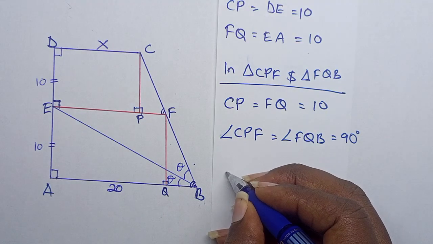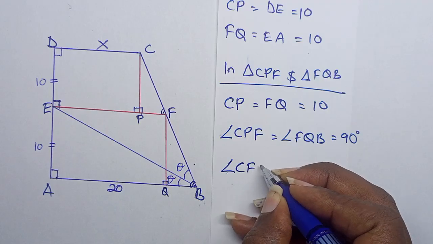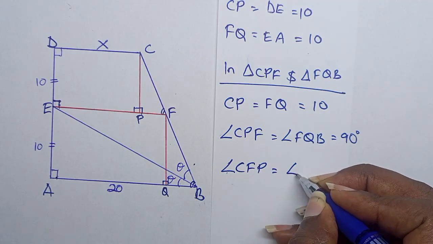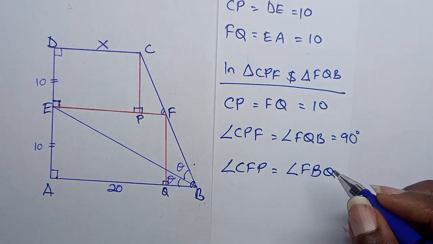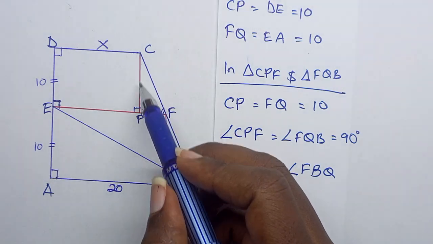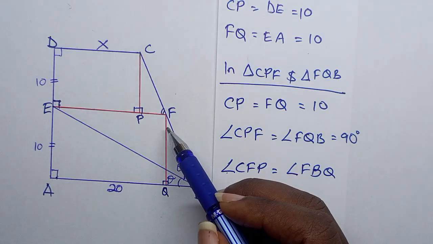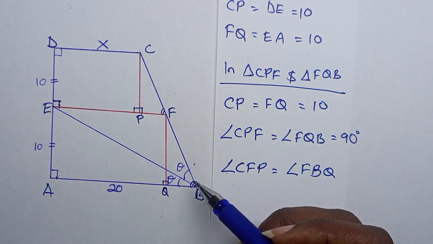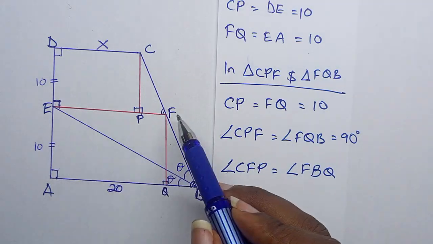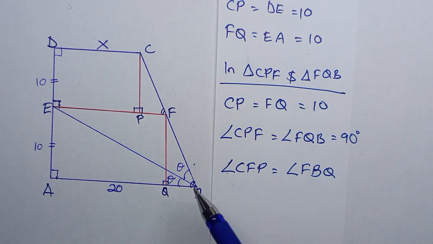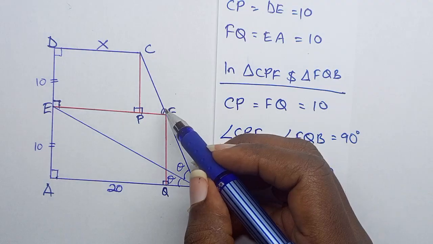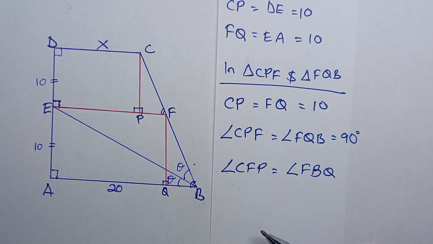So, angle CFP is equal to angle FBQ. This is because this line EF is parallel to this line EB. So this angle is equal to this angle.